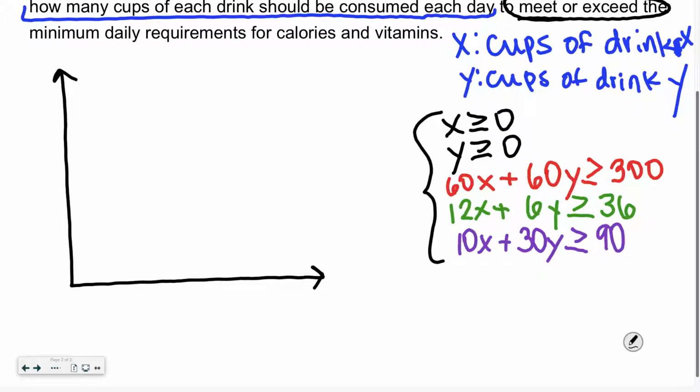Okay? Now, do you think that putting these three lines into slope-intercept form is going to be efficient? That's a lot of algebra to do, okay? Which is why I've been really stressing the intercept method, okay?